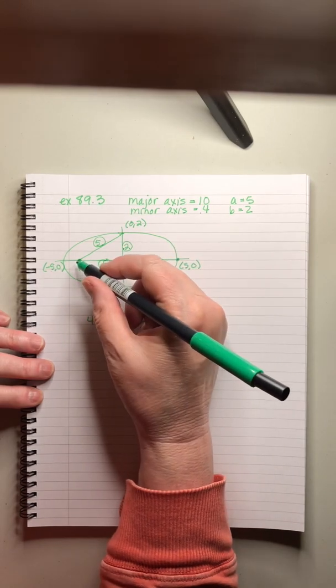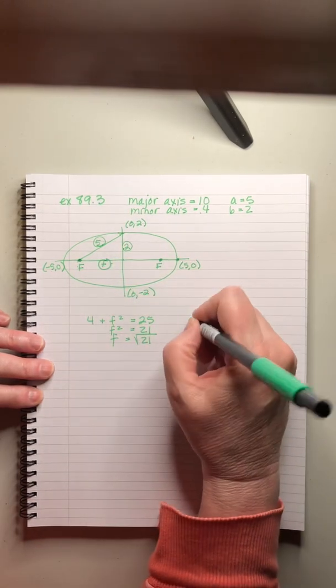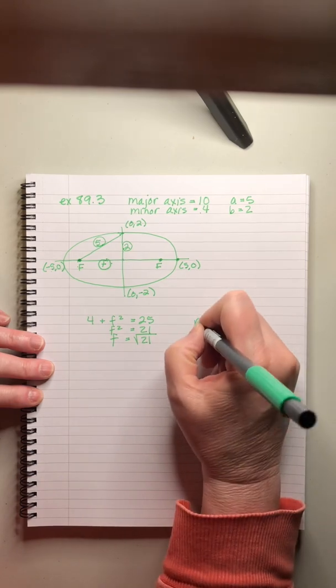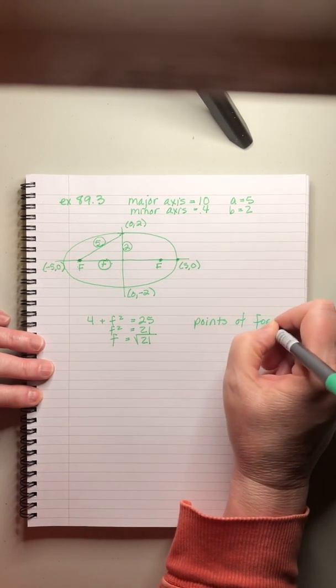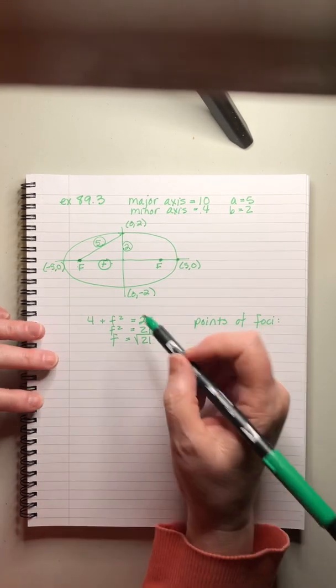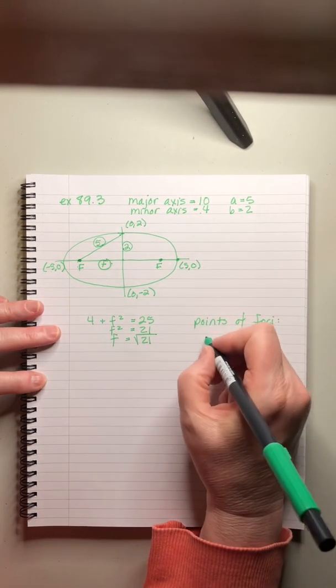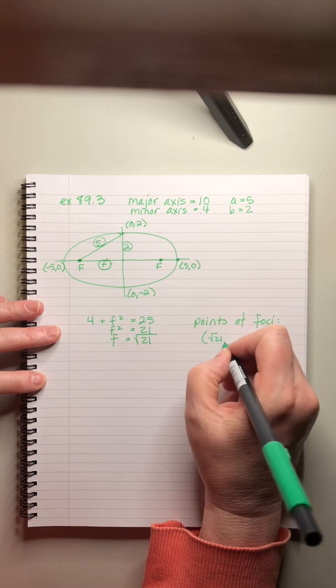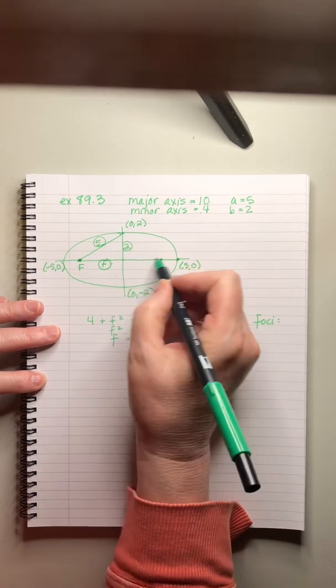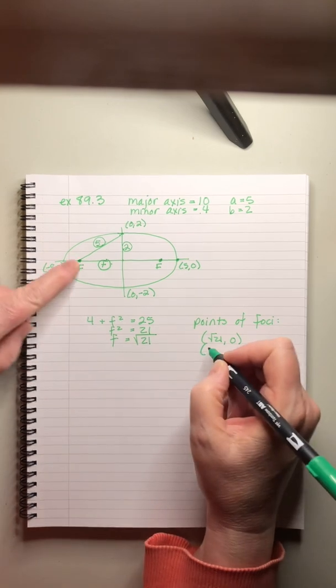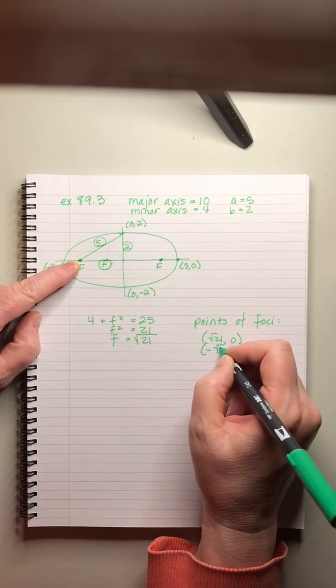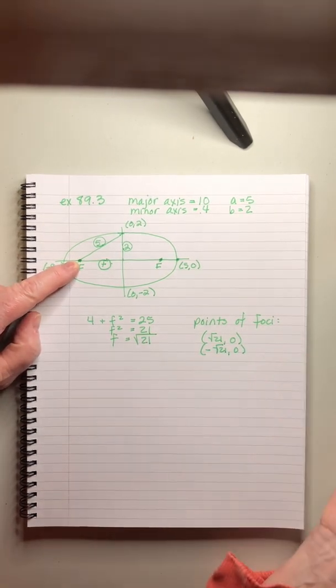So that means that the focal points are square root of 21, 0 for this one, right? And over here, negative square root of 21, 0.